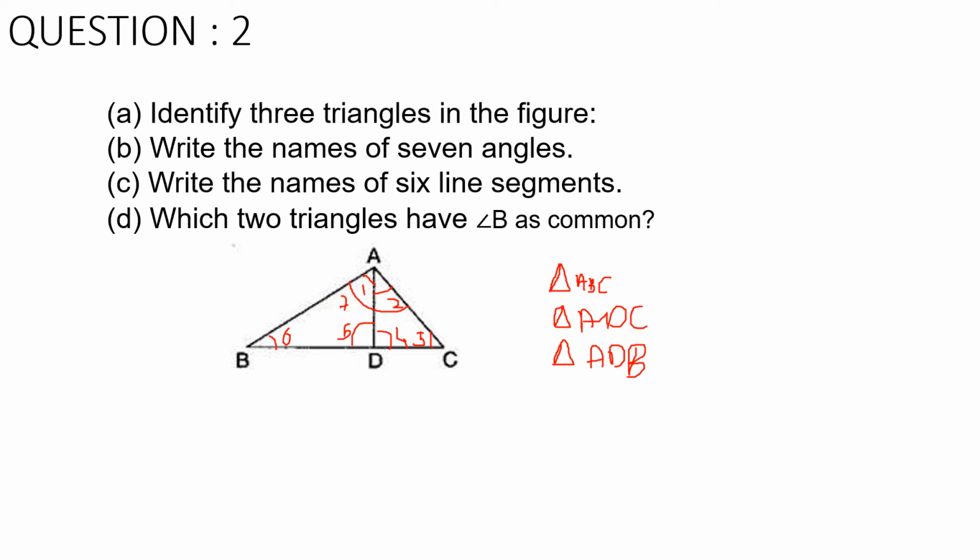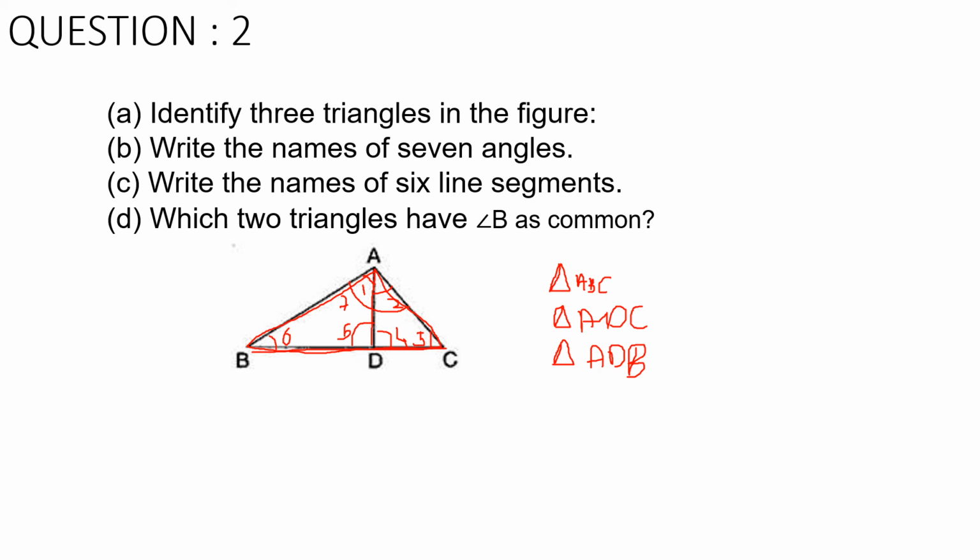So we have already named 7 angles. Name the 6 line segments. So the 6 line segments are AC, DC, AD, AB, BD and BC. Okay.